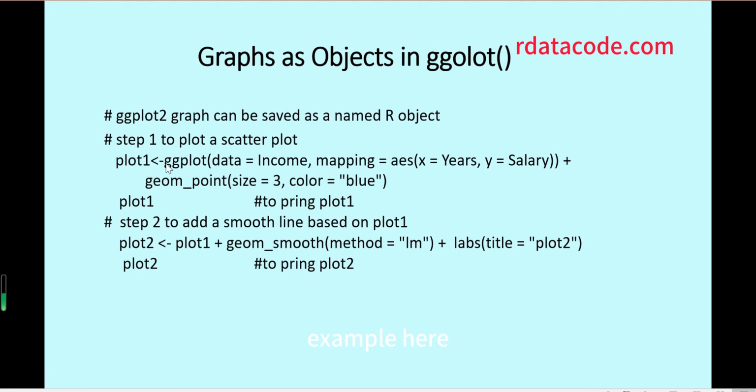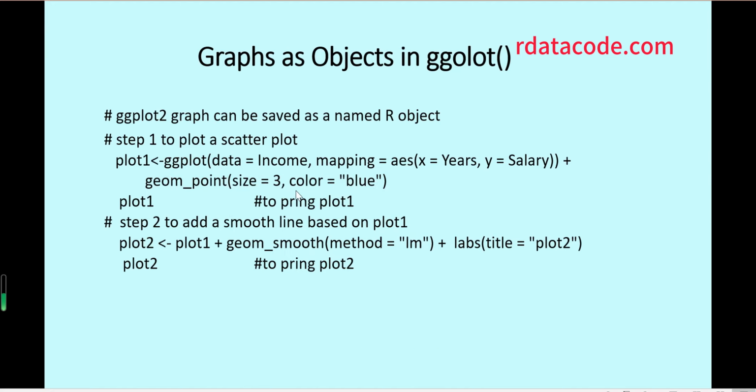For example, here we use ggplot for the data frame income, and the mapping between the variables years and salary. So we focus on the relationship between these two variables in the figure, then plot a scatter plot between them with the size and the color. We can save this command to an object. Then you just print this object, the same as you print the ggplot function.